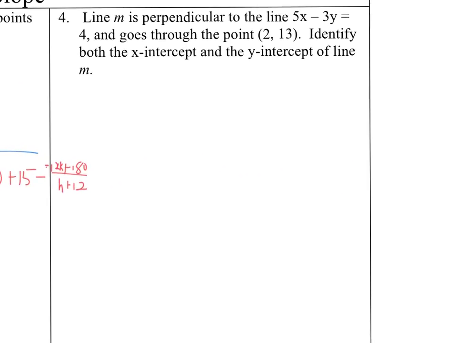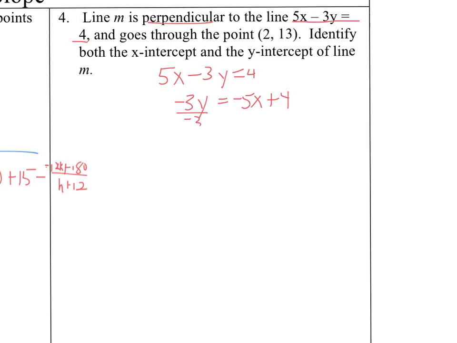Next one, I'm talking about line M is perpendicular, I want to think opposite reciprocal slope, to the line 5x minus 3y equals 4. Might be helpful for me to put this in slope-intercept. So negative 3y is equal to negative 5x plus 4.